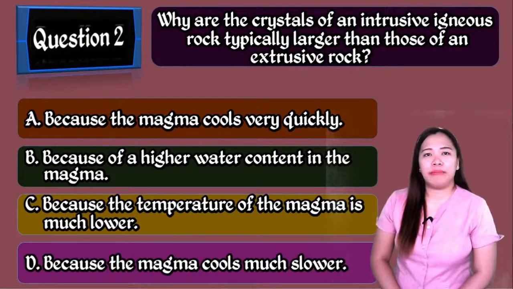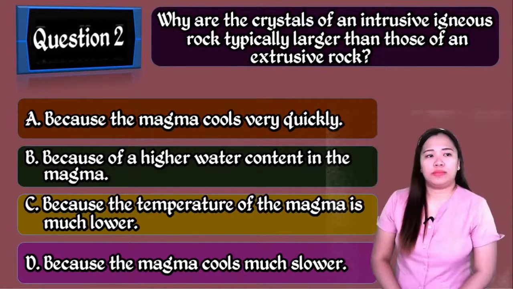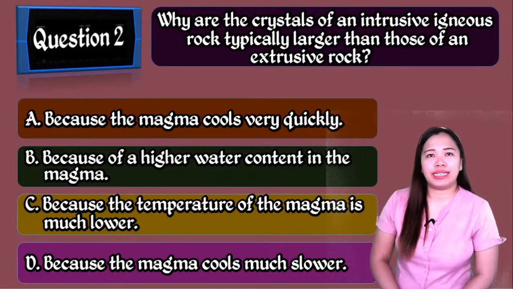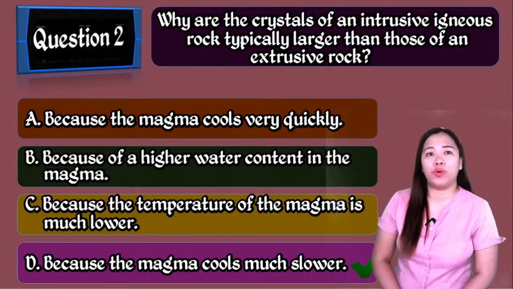D. Because the magma cools much slower. The correct answer is letter D. The crystals are larger because the magma cools much slower.